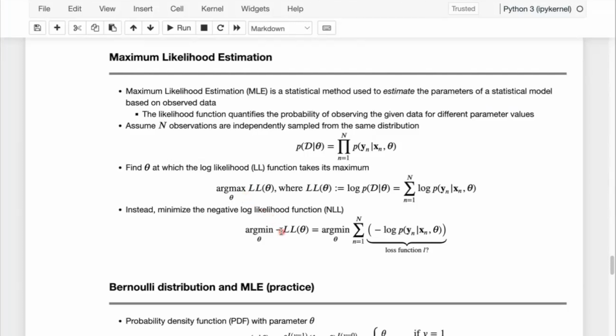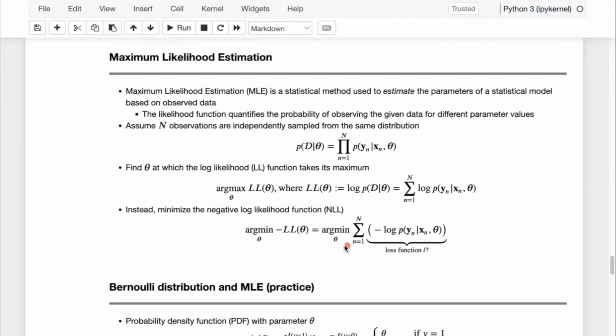You just need to multiply this by -1, and we get something called the negative log likelihood function, or NLL. We're going to see in this course that all the loss functions that we are using, which are very popular in machine learning and deep learning, can be derived from this negative log likelihood function.